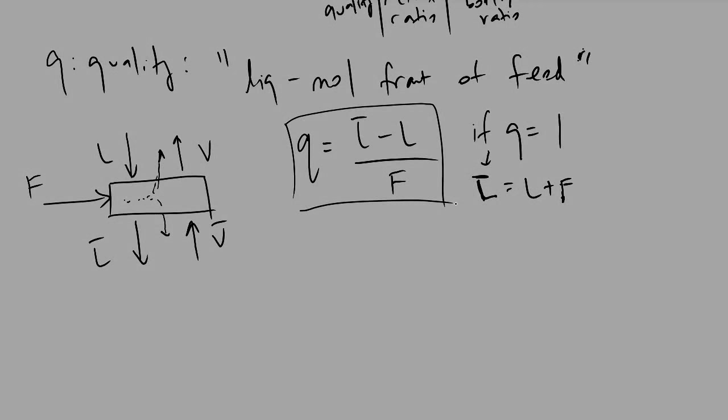If Q is equal to 0, if none of our feed was liquid, L bar would equal L, and so we will get 0 in the numerator and quality would equal 0. So that makes intuitive sense.